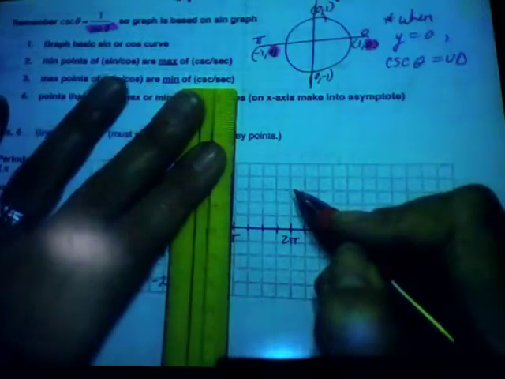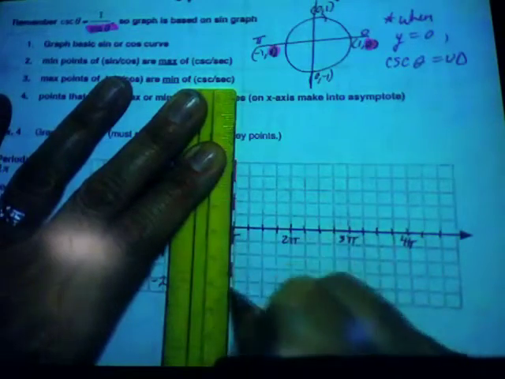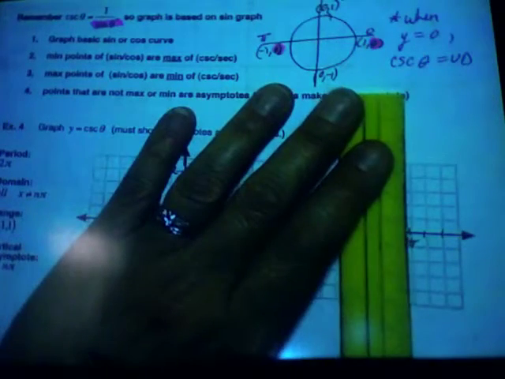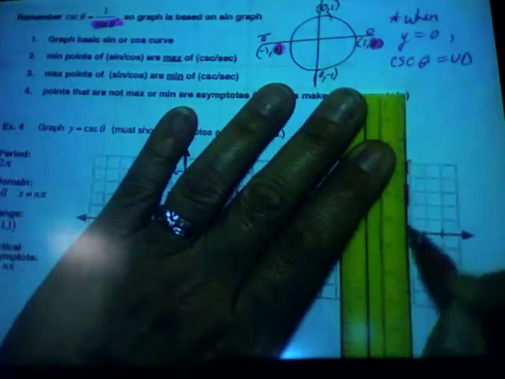The second one we found was at pi. And if I keep going around the circle, every pi I should have another asymptote, right? So we're going to have all these asymptotes at each pi. And then do it in the negative direction.